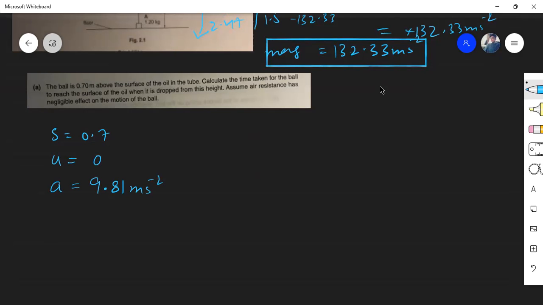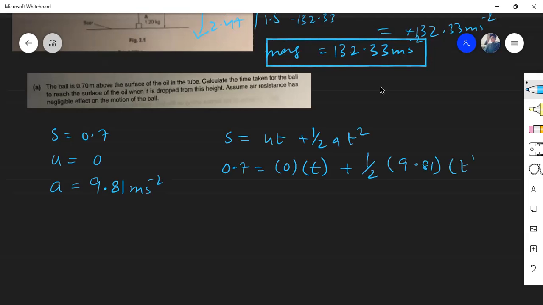Now we have to find the time taken for the ball to travel 0.7 meters. So we'll just use this formula, s = ut + half at squared. S is 0.7, u is 0, t is something we need to find. So we write half times 9.81 times t squared is equal to 0.7.